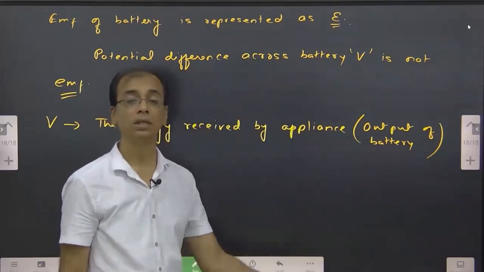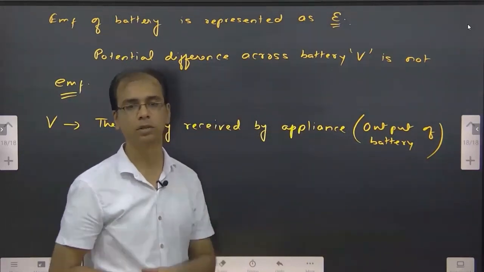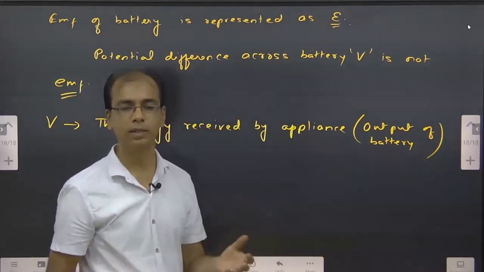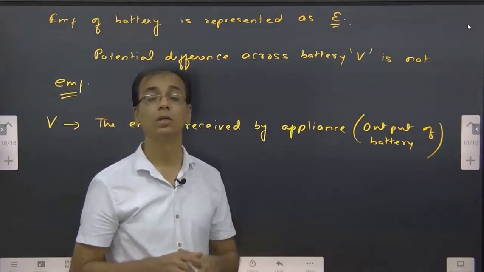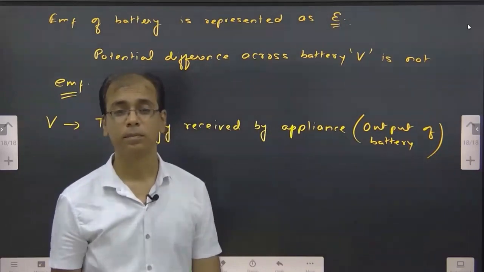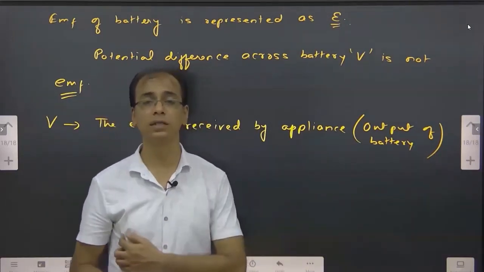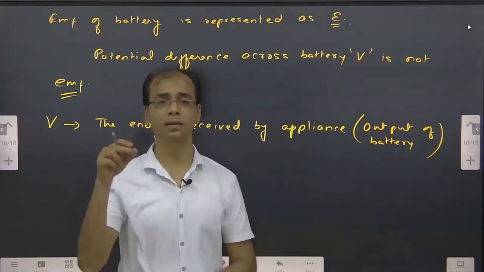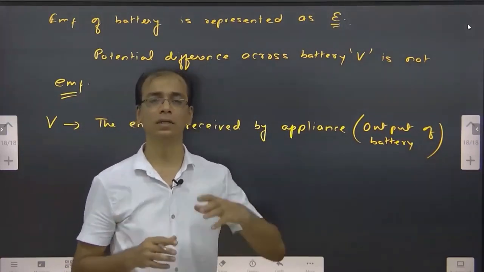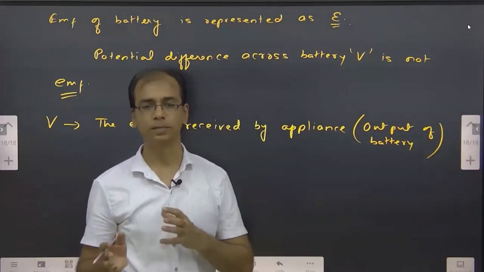That means output is not equal to input. Why? Because there is some opposition even inside. Other than the electric field, there is also opposition in the battery. Now who's opposing? Because in the battery what is there? Electrolyte is there. Internal resistance, sir. Yes, inside we show the battery's internal resistance in our circuits the same way as we show the external resistance. But the actual meaning is that it is the opposition created by the electrolyte in the motion of charges.